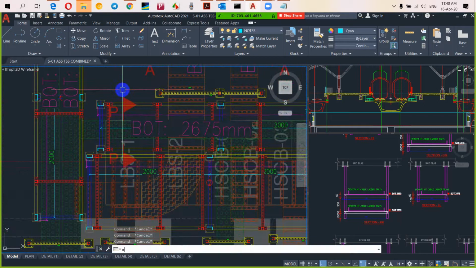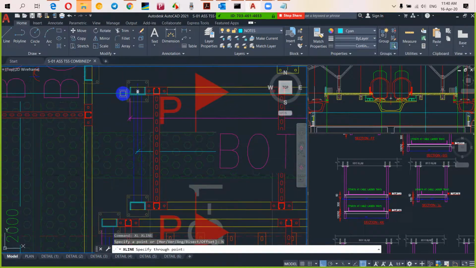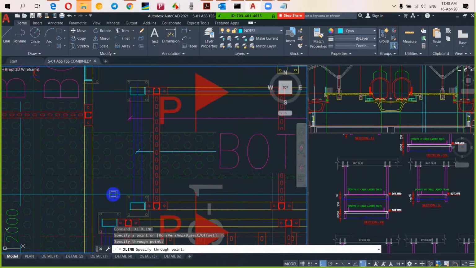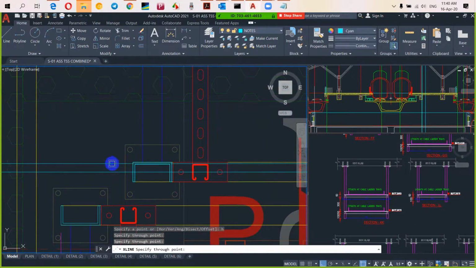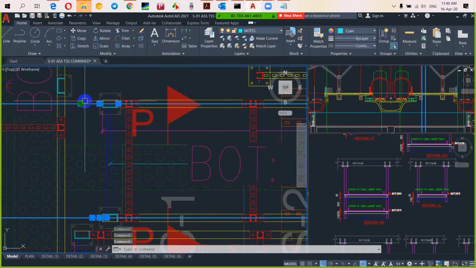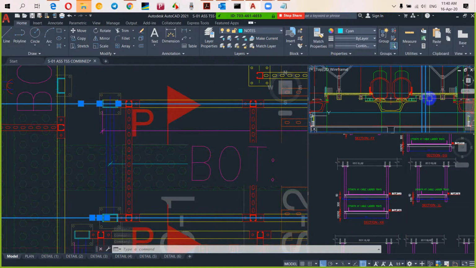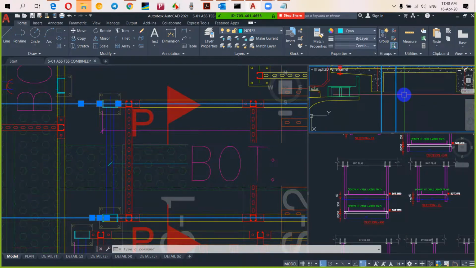Here I check one thing. See, one leg of this cable tray support is falling in the beam. So is it okay if we move it like 200 to the right, like this way?